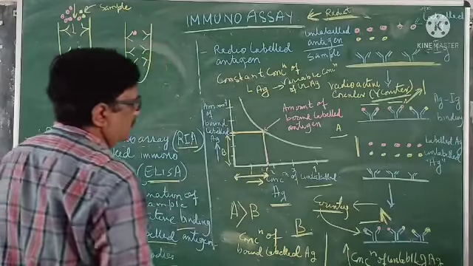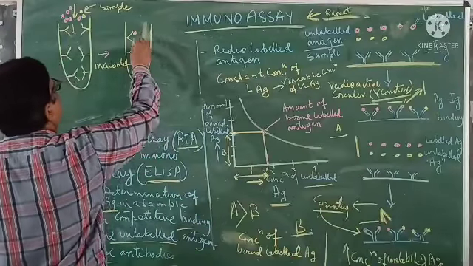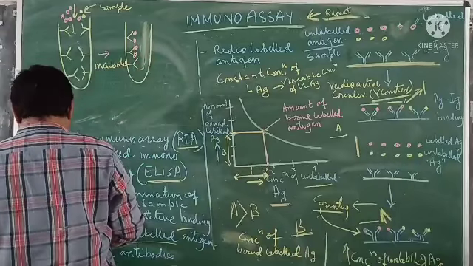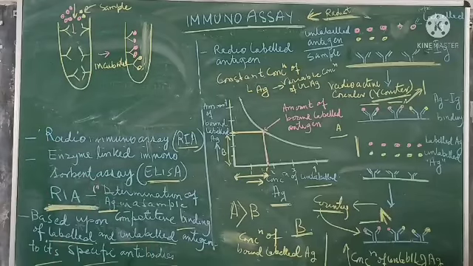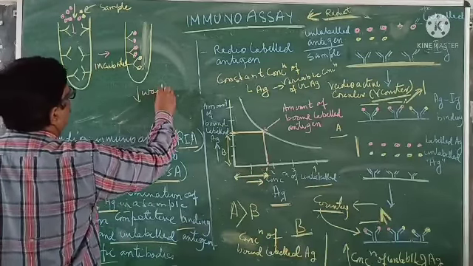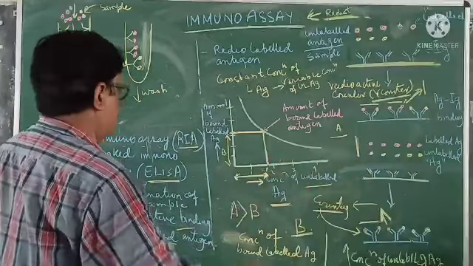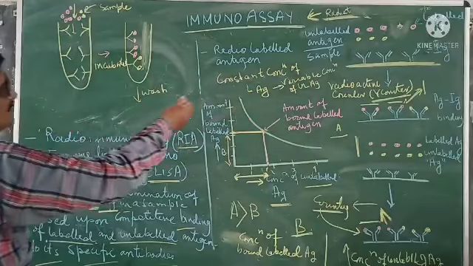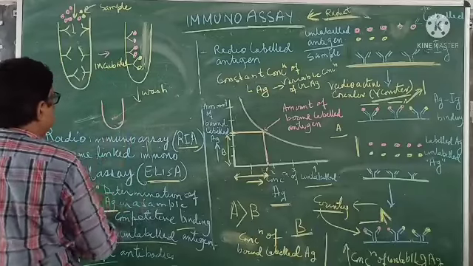Suppose we took only 3, okay. Then we will wash it. Wash means all the unbound antigen will be washed off. So we will get the same result because we are taking a very small amount as a symbolic way. Okay, we will get like this.